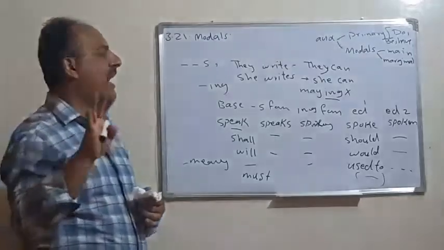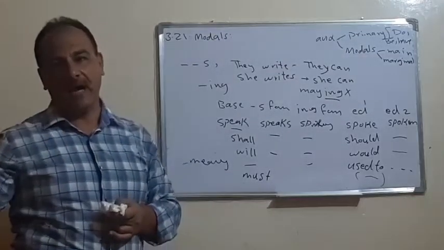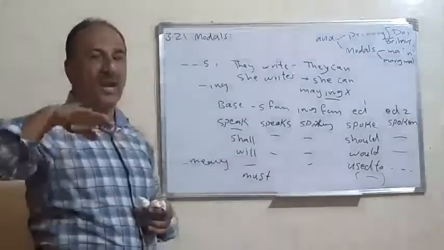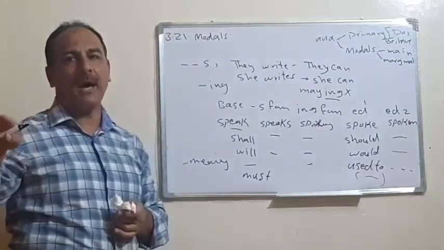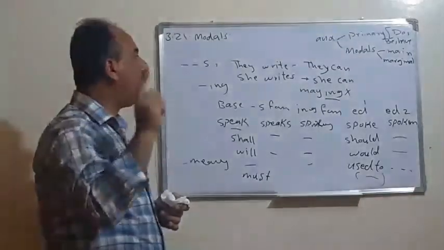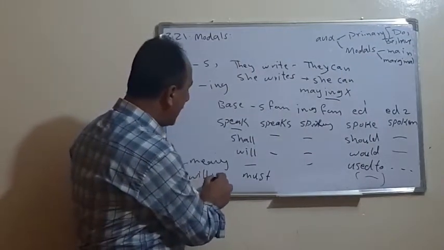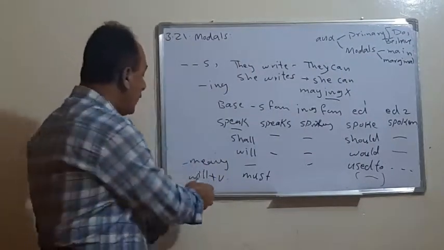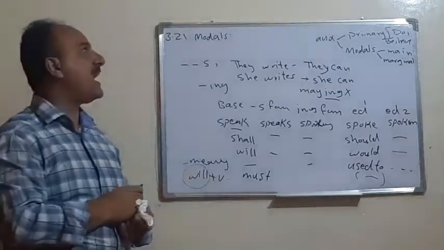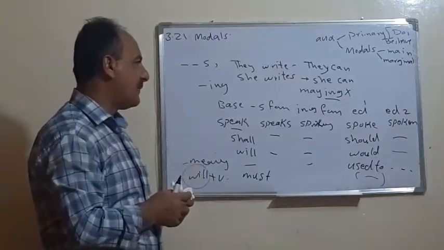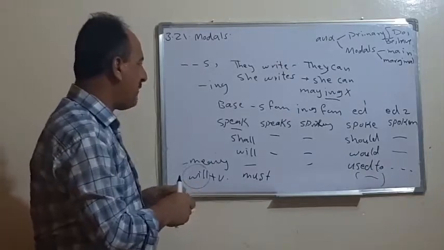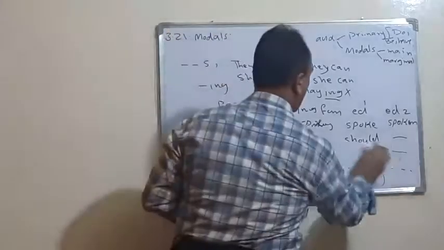We cannot say I will house. No, we have to add a main verb: I will buy a house. So we have will plus another verb. That's why we call these modals auxiliaries.